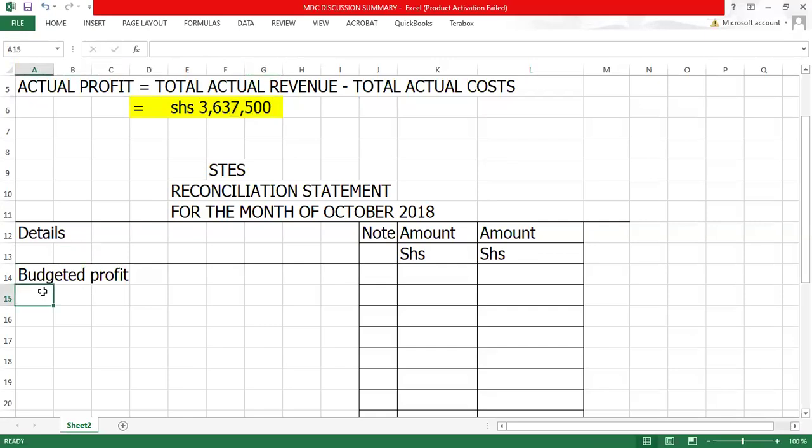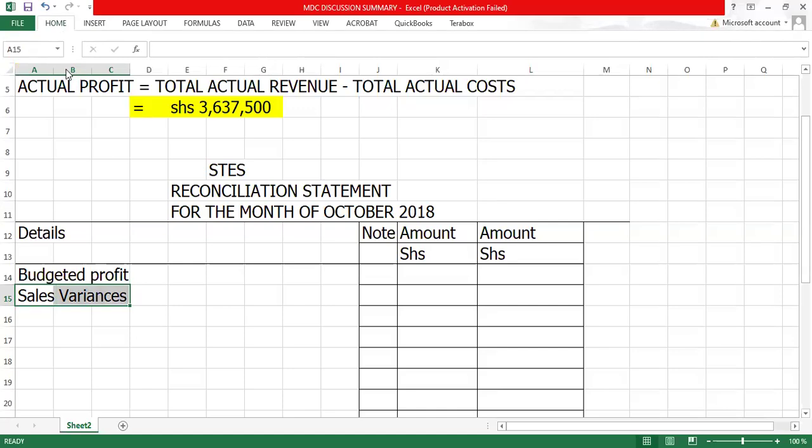Now, you are going to look at budgeted profit, then look at the sales. After that, look at the sales variance. The sales variances, we have the categories.